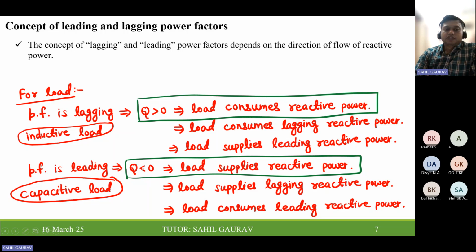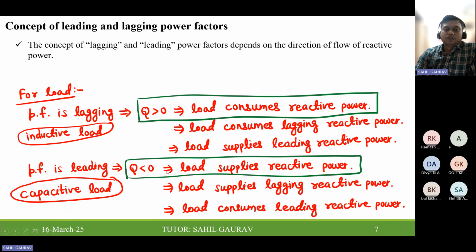Now, if Q is less than 0, that means the power factor is leading, and we denote a capacitive load. For a capacitive load, Q is less than 0. For a capacitor, Q comes out as negative, and for inductors, Q comes out as positive. If Q is negative, and the principle of a load is that if something is negative for a load, then it should supply.